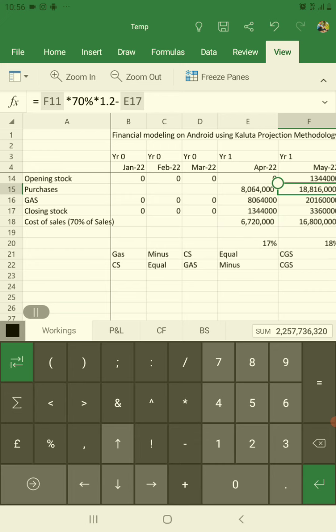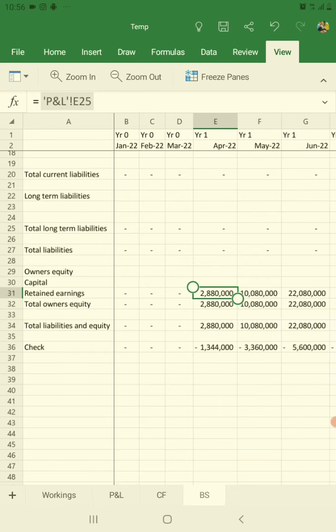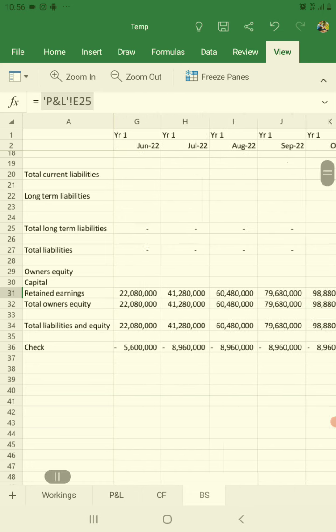Now after doing that, I want to incorporate these changes in my financials. So starting with the balance sheet, you see if you look at the check, there is a difference there.